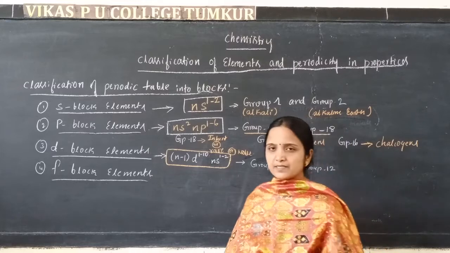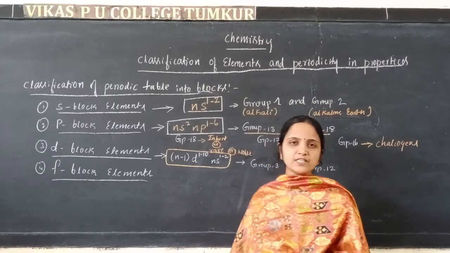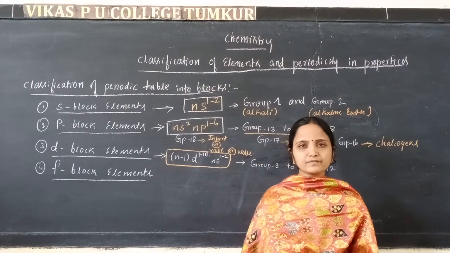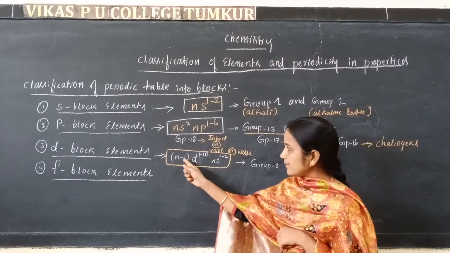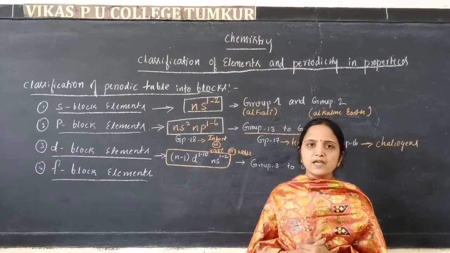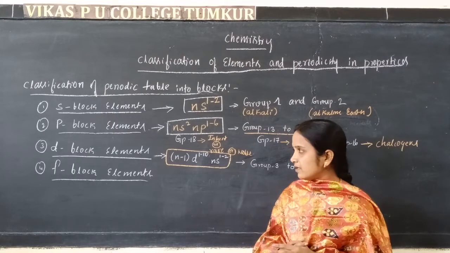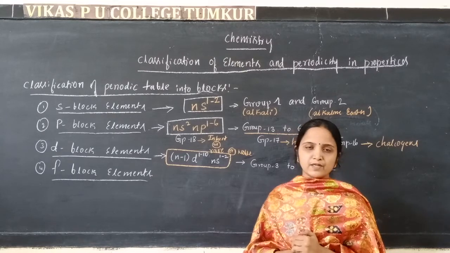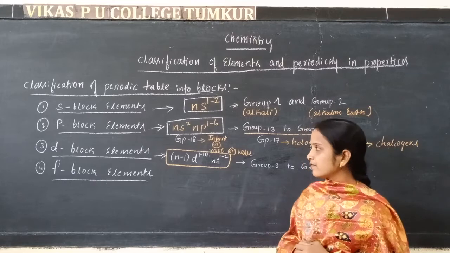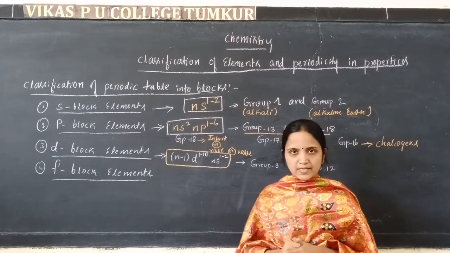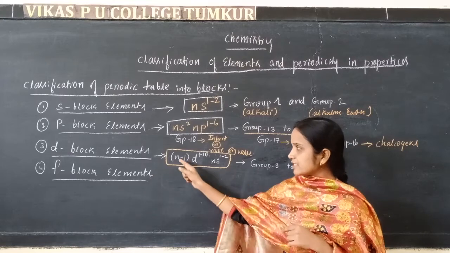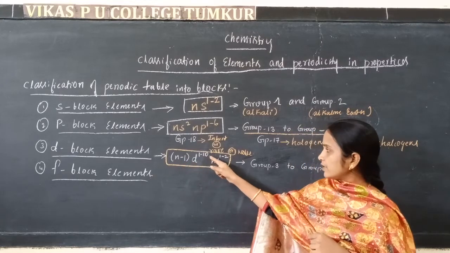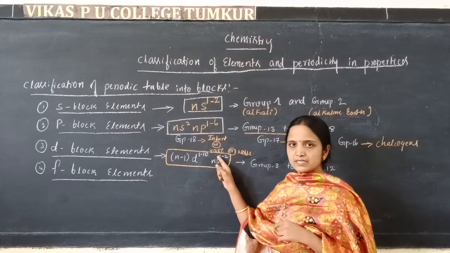What is meant by d block elements? The elements in which the differentiating electron enters the penultimate shell, that is the d orbital of the penultimate shell, we call as d block elements. The outer electronic configuration is (n minus 1) d 1 to 10, n s 1 to 2.